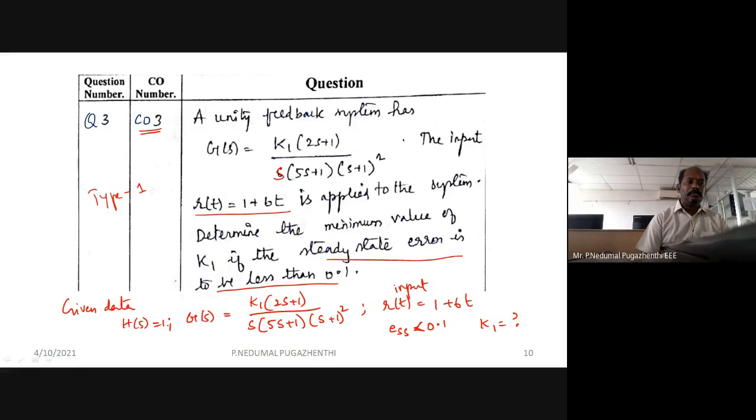Okay, any doubts from the statement of the problem? Hello, people in the class, any doubts from the statement of the problem? People are there but they are not responding.